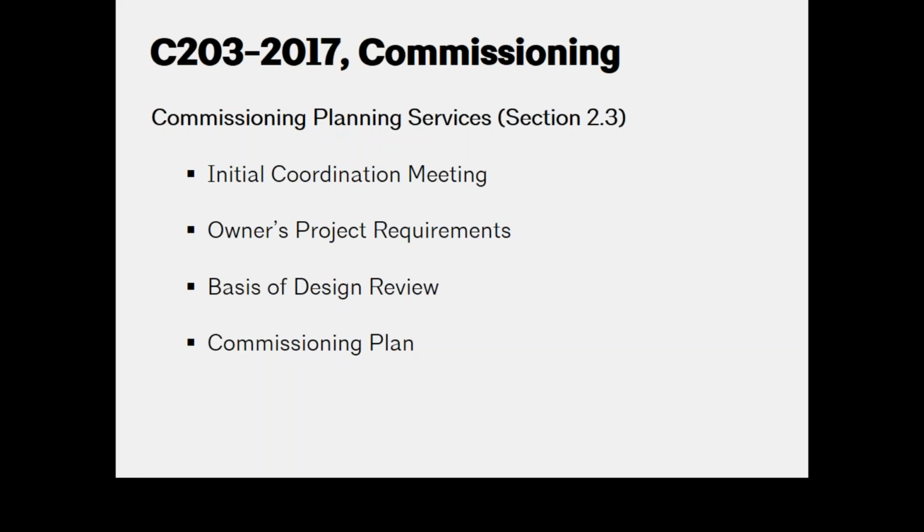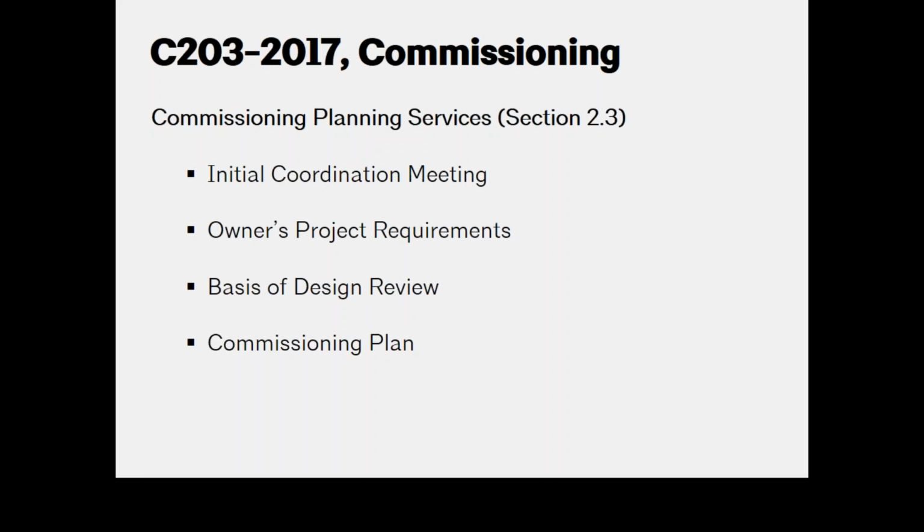The first phase of the C-203's commissioning planning services includes an initial coordination meeting, and it requires the commissioning provider to assist the owner in the owner's project requirements.